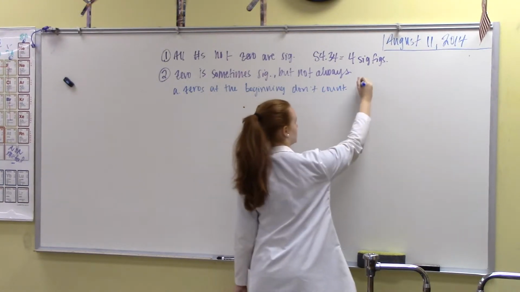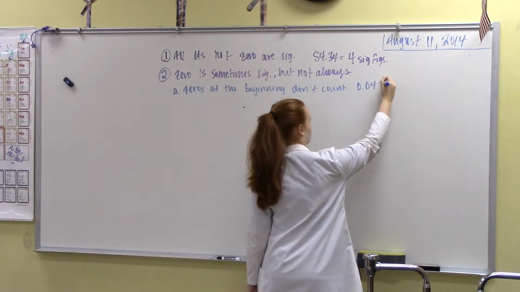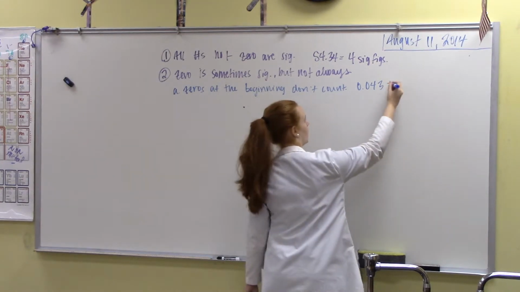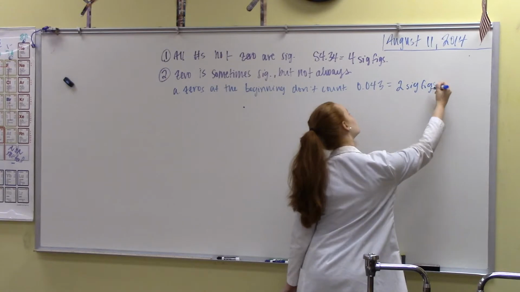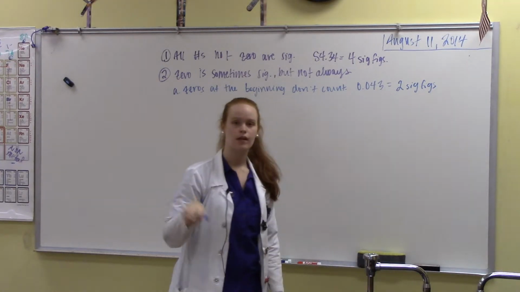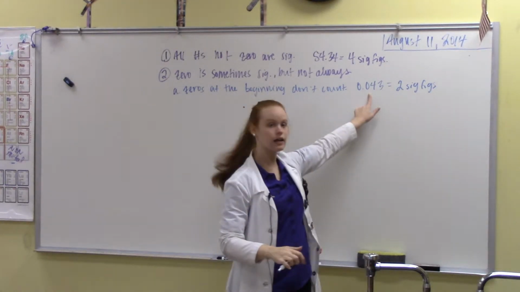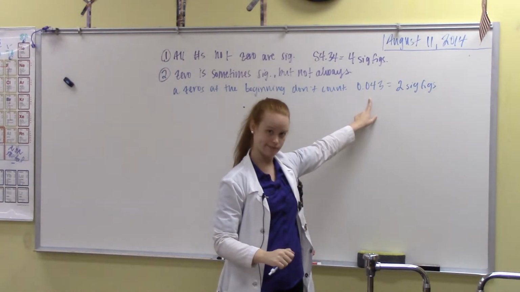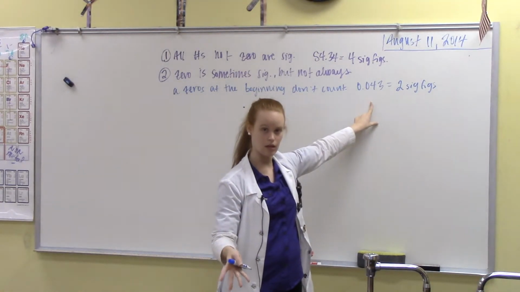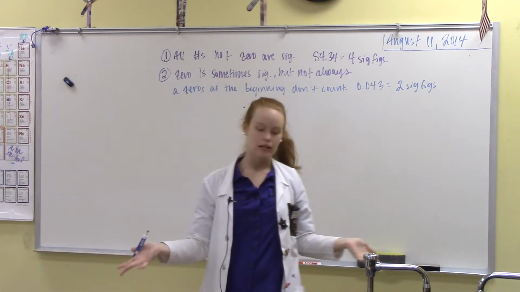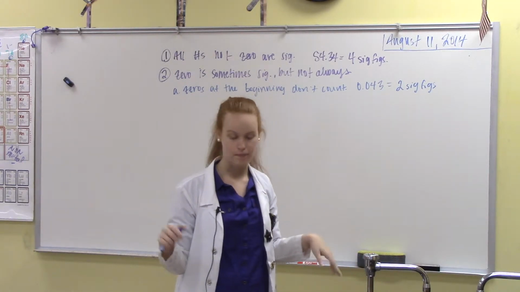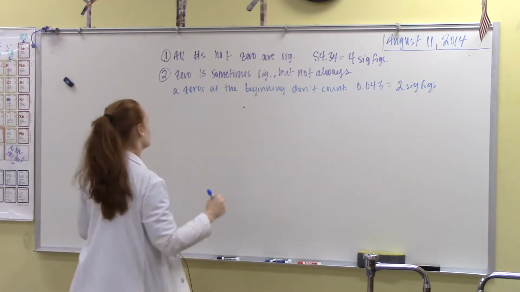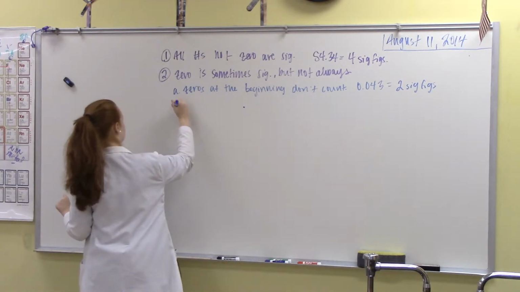If I have 0.043, I only have 2 sig figs: the 4 and the 3. The 2 zeros here do not count at all. They're not significant. Don't ask me why that is the way it is. It's just how it is.